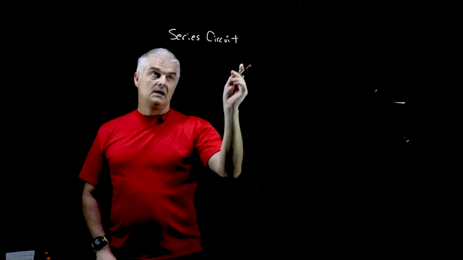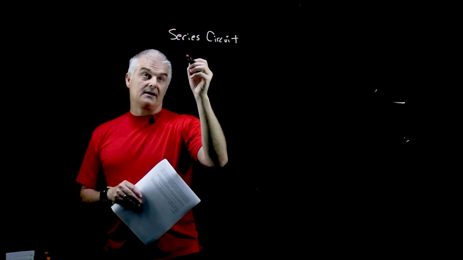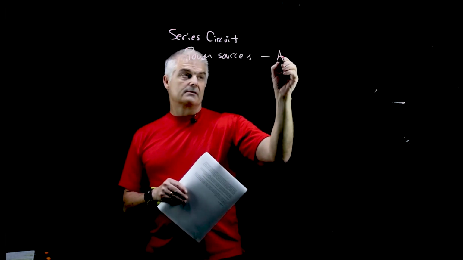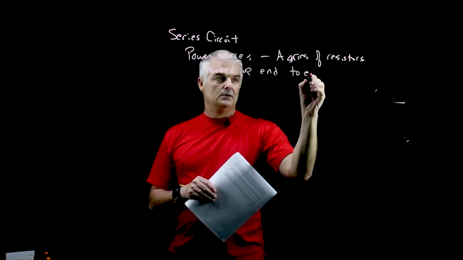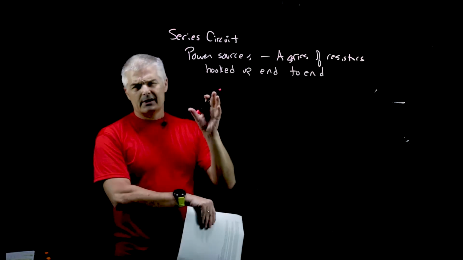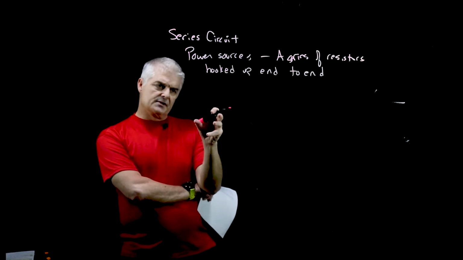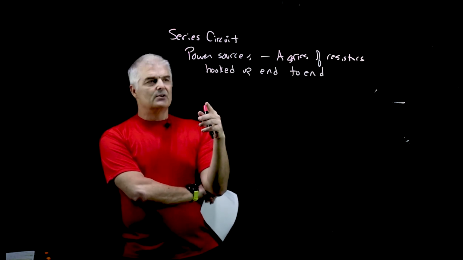Next up, let's define a series circuit. In a series circuit, basically, you're going to have a power source and then a series of resistors hooked up end to end. And by the way, when I use the term resistors, I also want you to realize everything has resistance. So this could be a light bulb, or it could be something inside your iPhone.